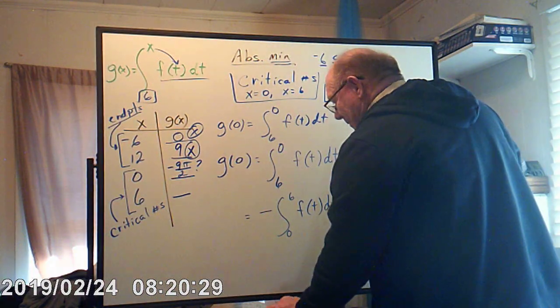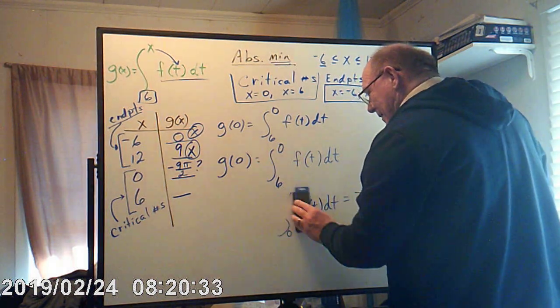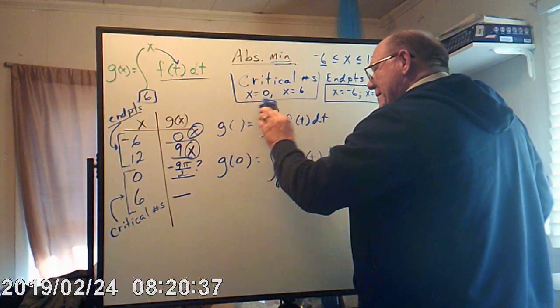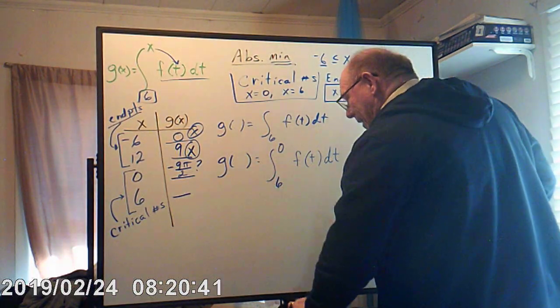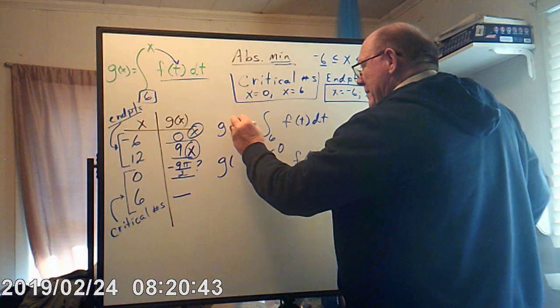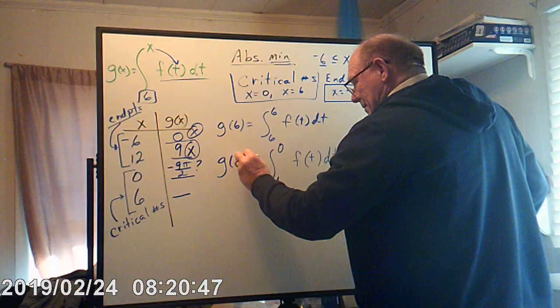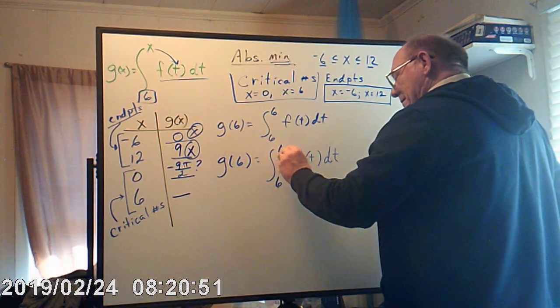Now, they're testing your ability to know the rules. Okay, so in this case, we're going G at 6. I do not have to flip this over. And I think you know why I don't have to. Let's put 6 up here.